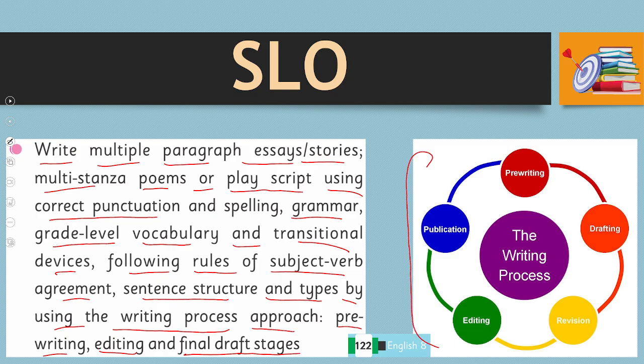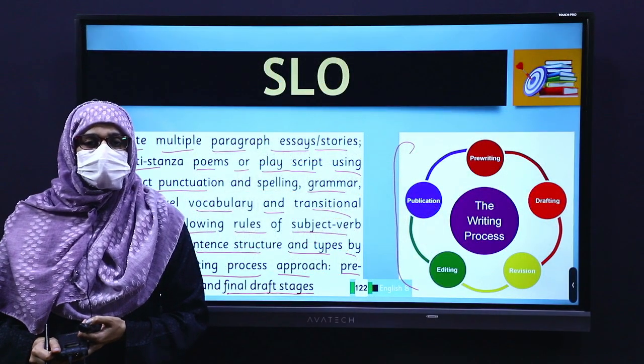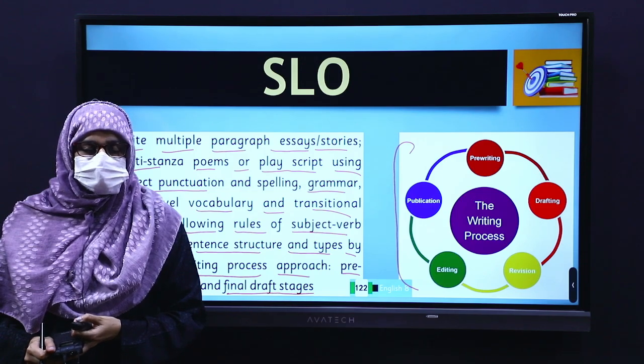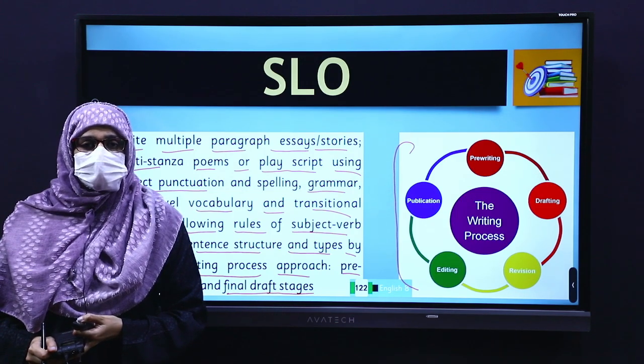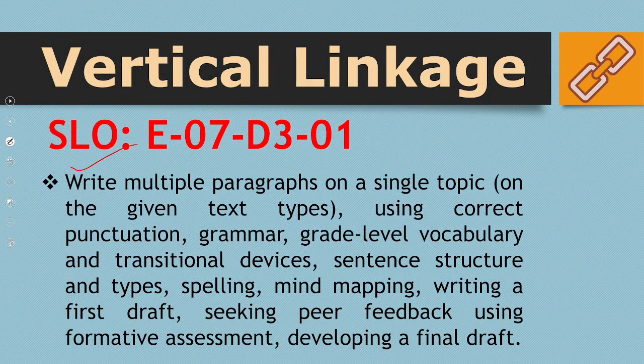So, what does the SLO tell us? The SLO tells us that we are about to learn about the writing process, pre-writing, editing and final drafting. Here is the vertical linkage.